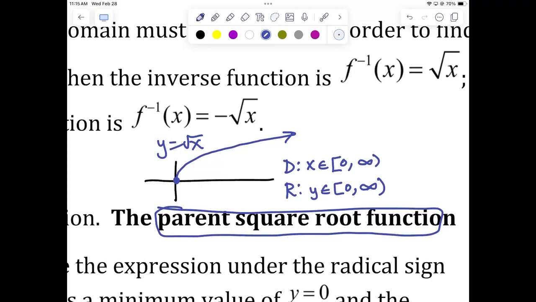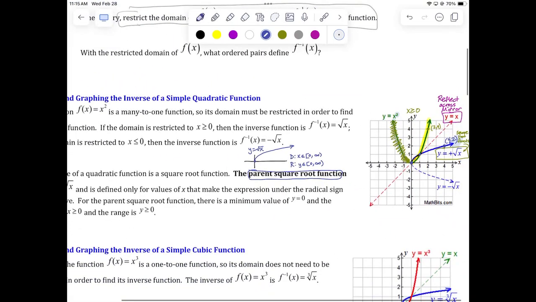So the square root function is only half of the parabola that fell over. By convention, we chose the positive half instead of the negative half because by nature, we try to be what? Positive. We try to stay positive. All right, there's your parent square root function.